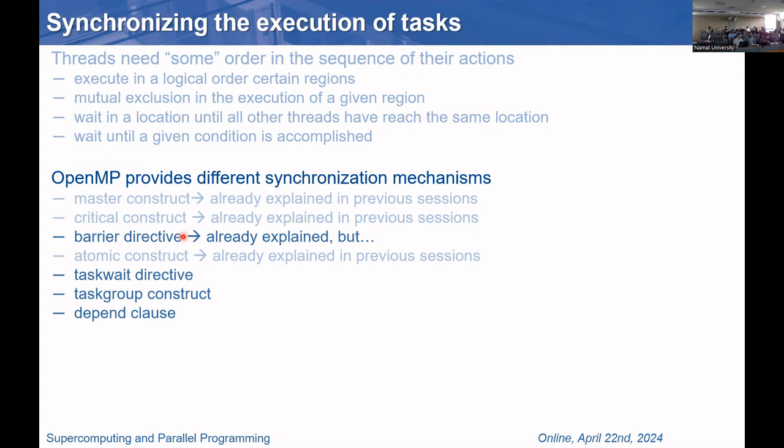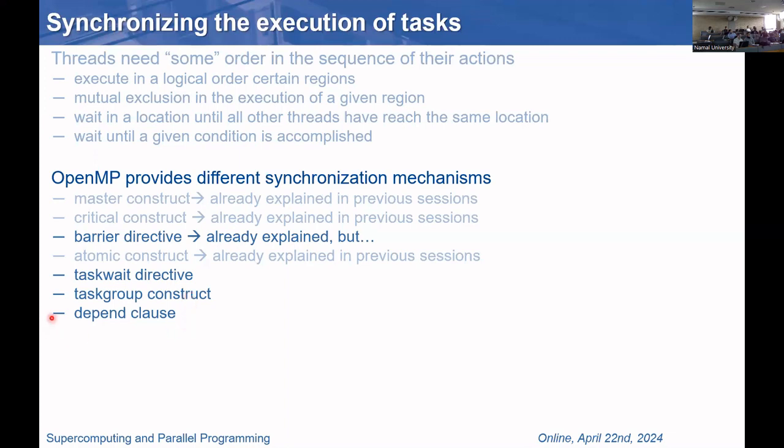In that case, we will stop the execution until all tasks have been finished. The atomic construct to do synchronization on small variables. The taskwait directive, which allows us to just wait for the tasks in the immediate level. And the taskgroup construct that allows us to wait for all the tasks in the set.